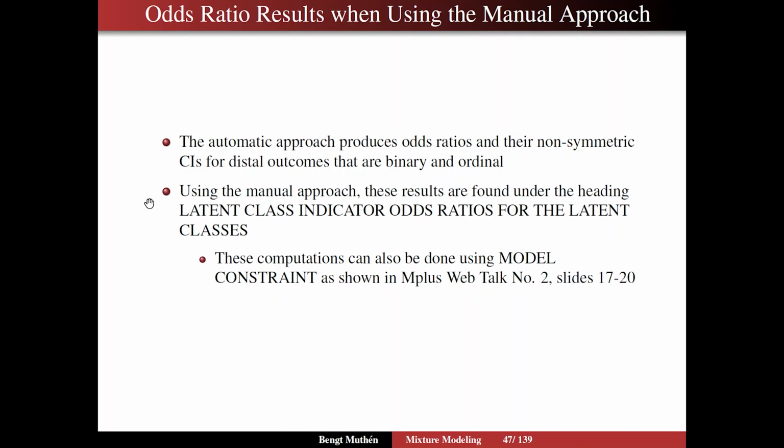But with the manual approach now in version 9, we have added these outputs in various sections in the output. So you have them for the manual approach as well. And they're under the heading latent class indicator odds ratios for the latent classes. So it's automatically computed. Now you can do it by hand, so to speak, by using model constraint. And I showed how to do that in Webtalk 2, slides 17 to 20 if you're interested in the detail.